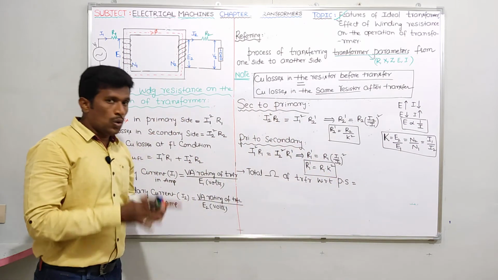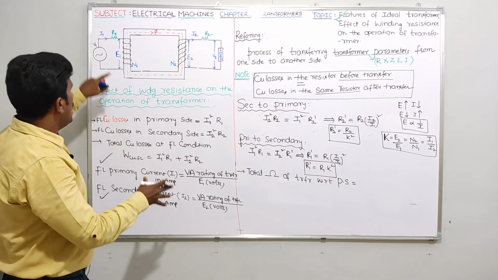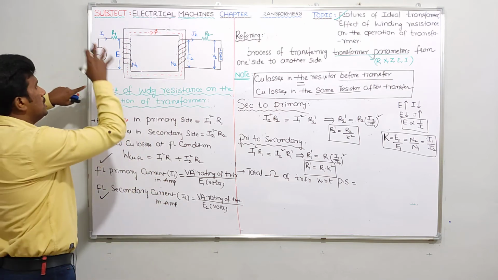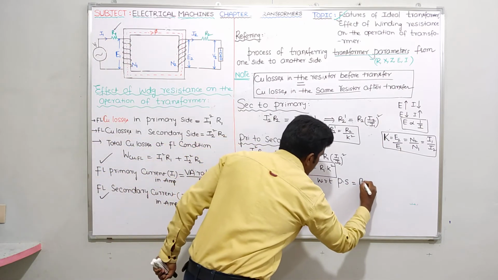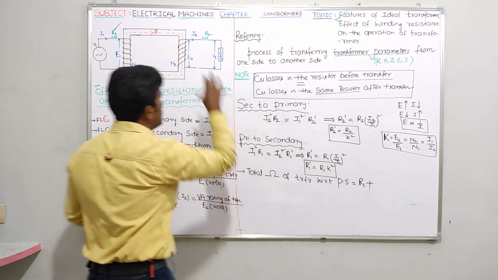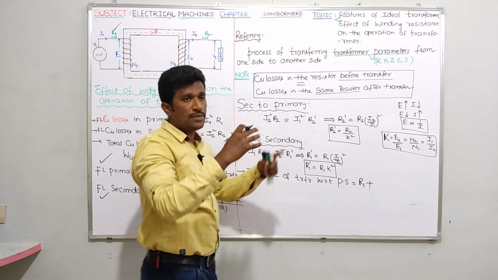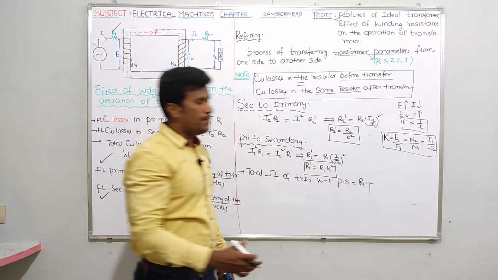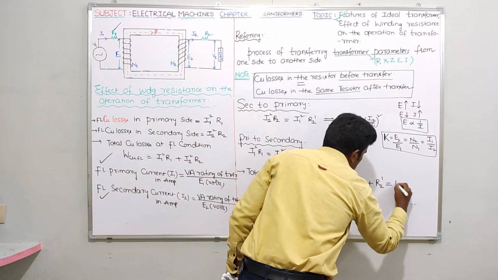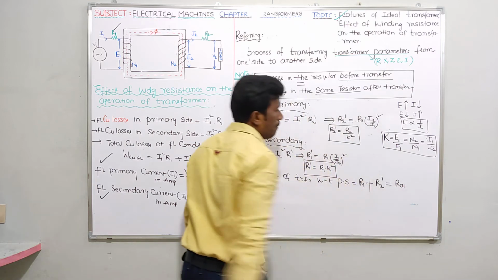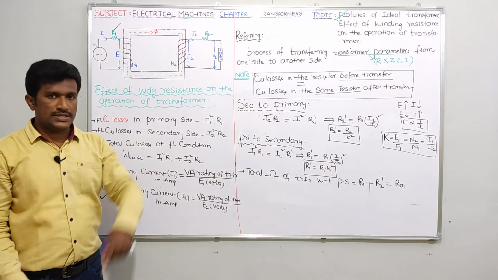With respect to primary side means, in the primary side you already have R1, plus from the secondary, R2 comes to the primary side and becomes R2 dash. R1 plus R2 dash is equal to R01. This is the total resistance value with respect to the primary side.